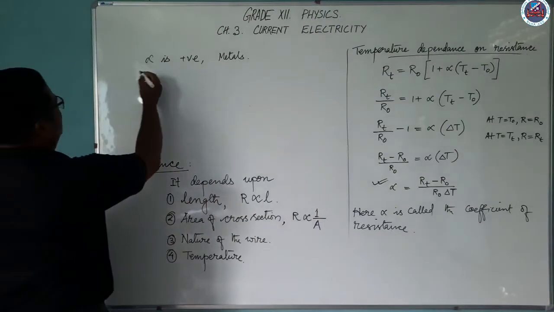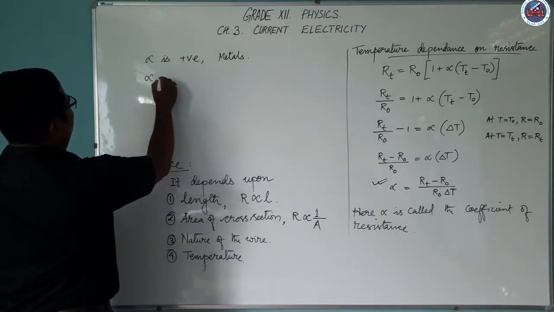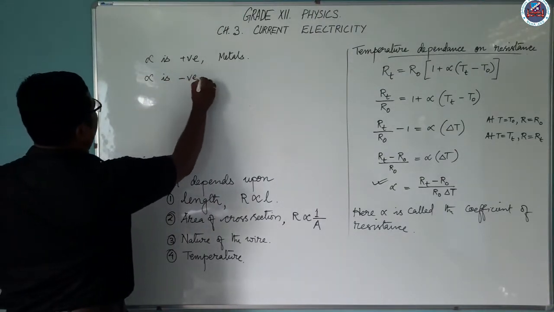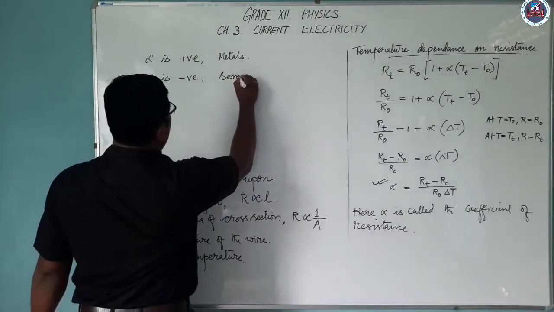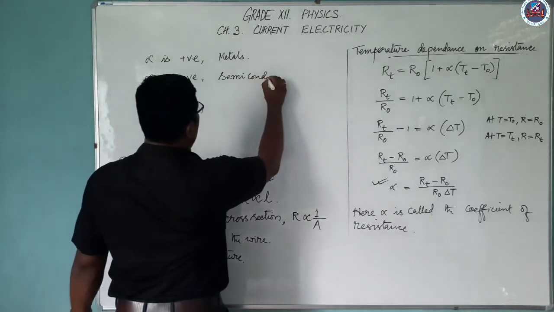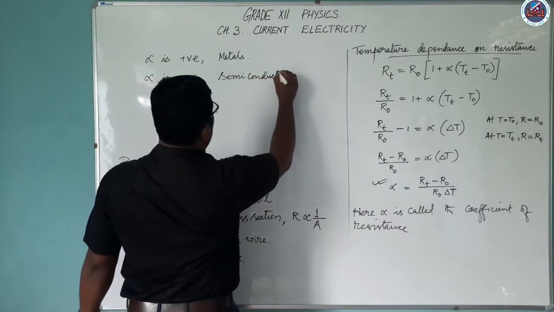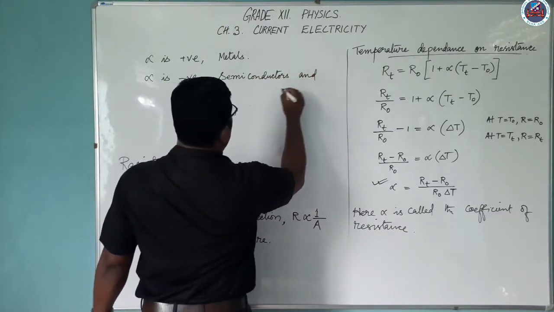For semiconductors and insulators, the alpha value is negative.